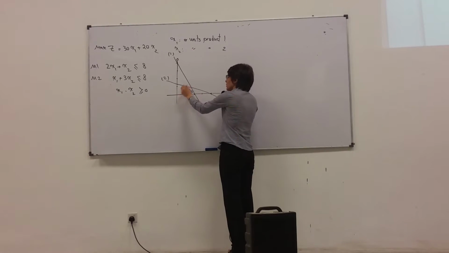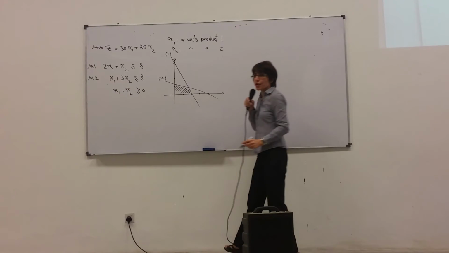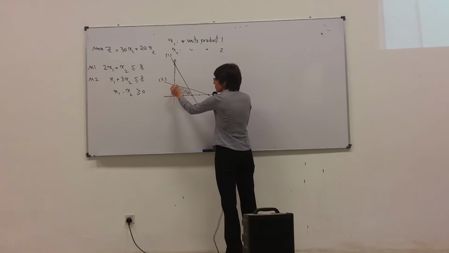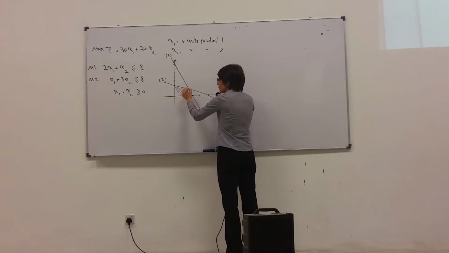This is the feasible region, and after you find the corner points, these are the corner points.